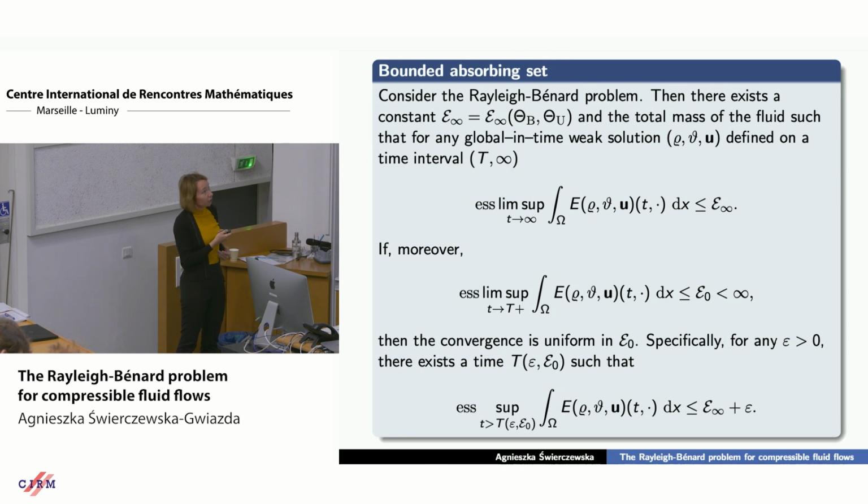Anyway, there exists a universal constant, which depends on the boundary data and the total mass of the fluid, such that any global in time weak solution defined on this set satisfies this estimate. I don't remember whether I put it on the slides, or maybe I will give it on the blackboard. What we can show is the bound for the ballistic energy, but from the bound of the ballistic energy we can pass to the bound for the energy when time goes to 0.